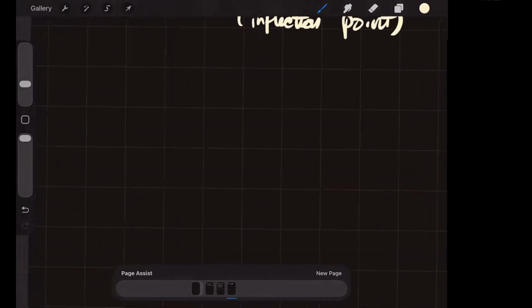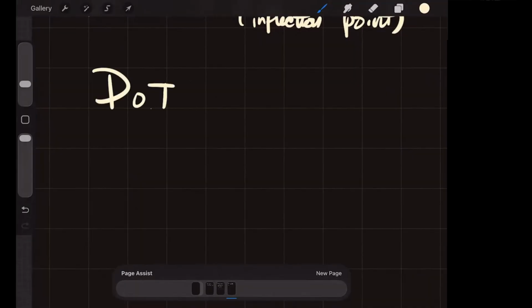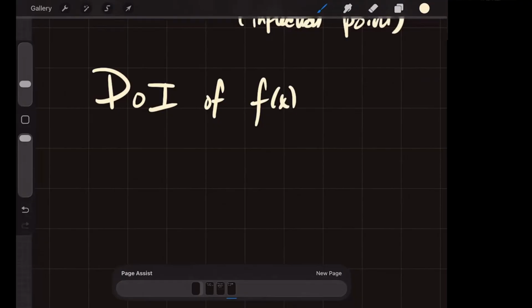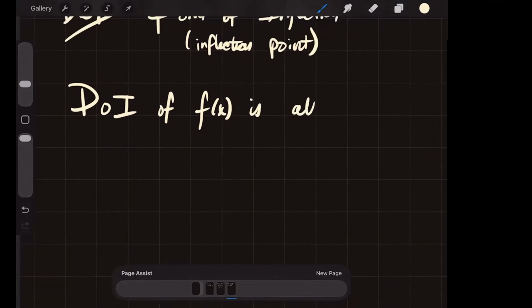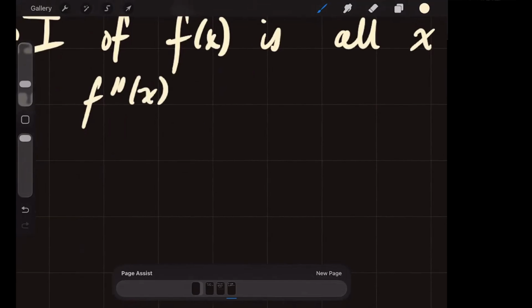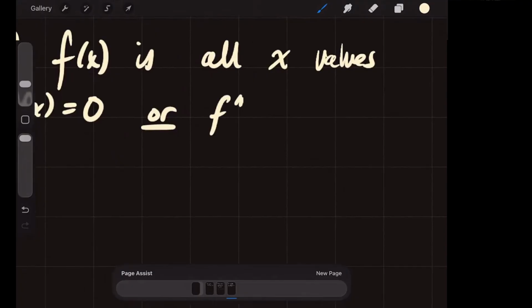The point of inflection of the function f of x is all x values where f double prime of x is equal to 0, or f double prime is not defined. Some of y'all do not use prime notation, or any notation for that matter, and you need to start doing that because I don't know what you're yapping about.